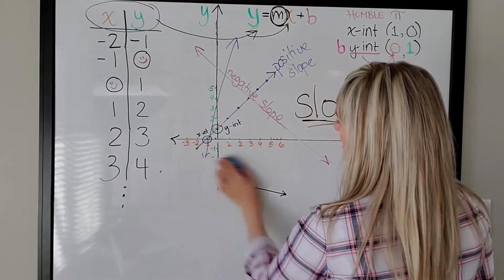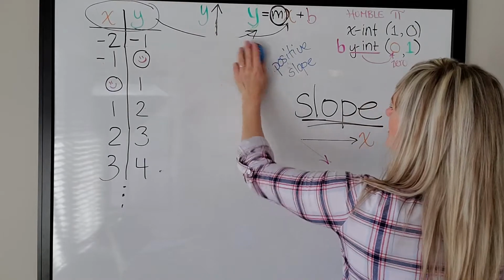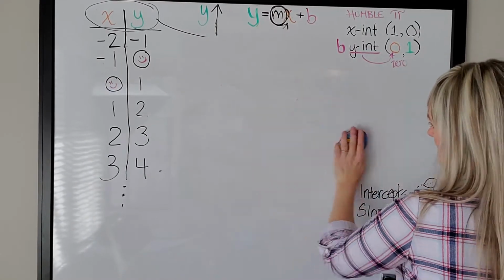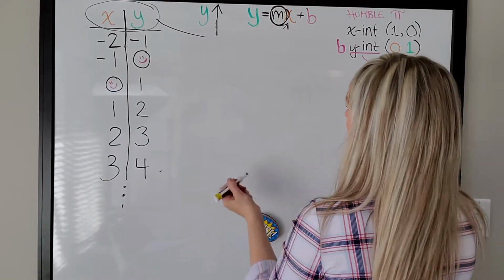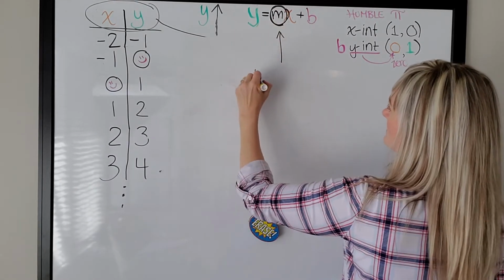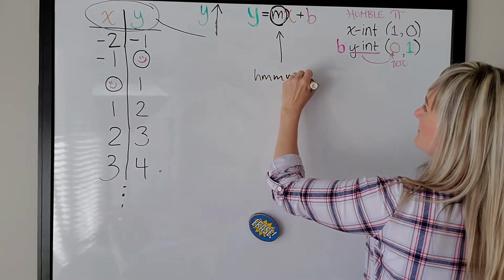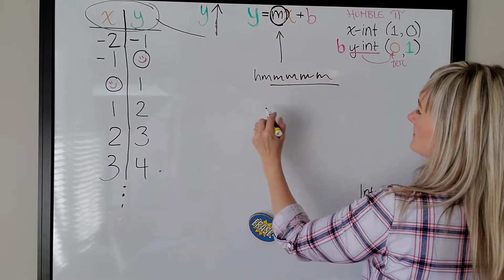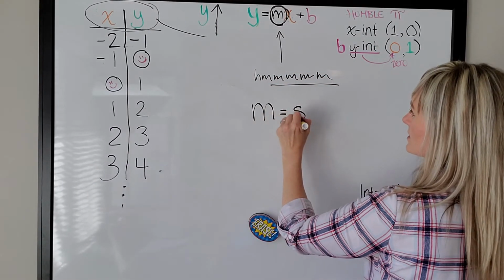So let's erase all of this because we're getting kind of visually crazy here. And we're going to say M is slope.